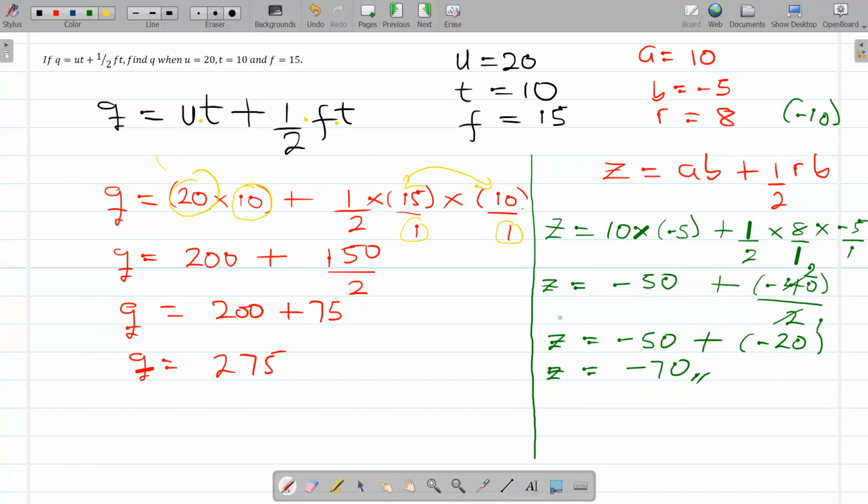Which does not correspond to your answer, it isn't minus 10. I think I missed a step somewhere.